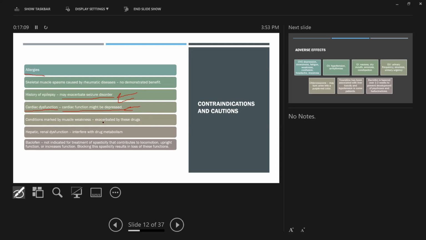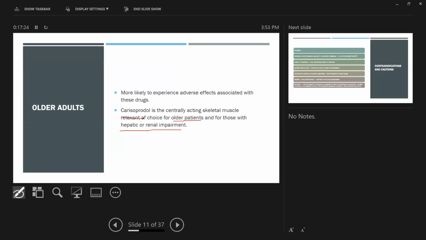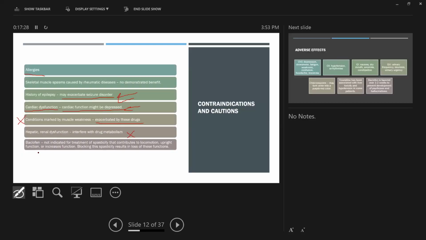Conditions that are marked by muscle weakness are exacerbated by these drugs. Just don't use them. That's a contraindication. Hepatic or renal dysfunction is also contraindication, again, except for carisoprodol. Baclofen is not indicated for the treatment of spasticity that contributes to the ability to walk or to stand upright.